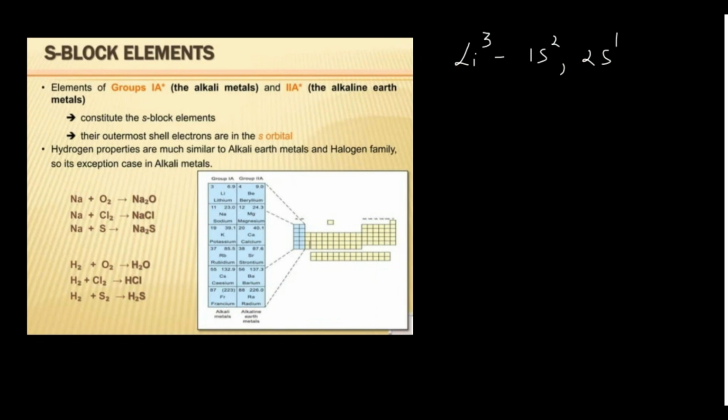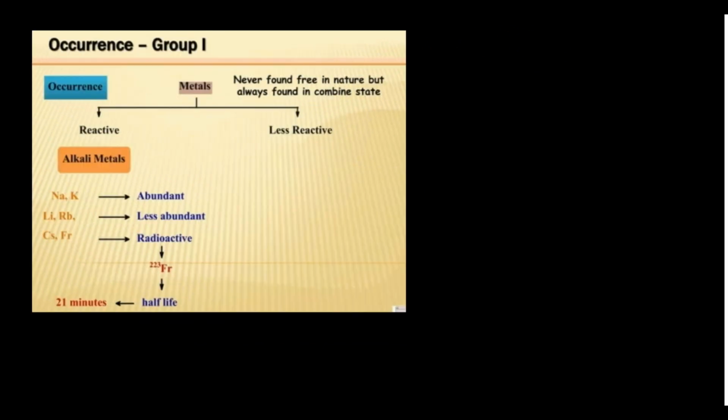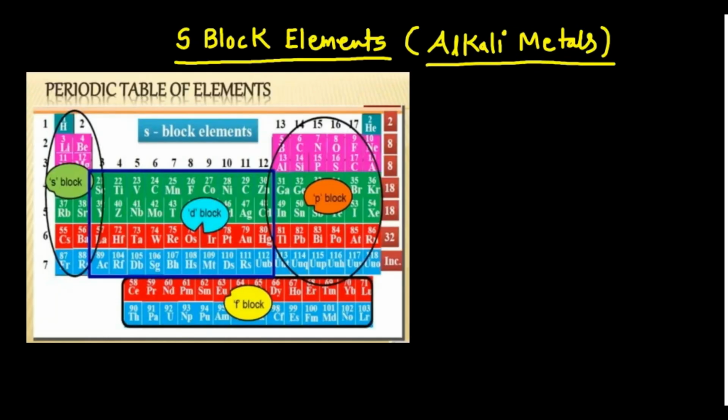Similarly, if I go back, at the right end you can see the P block elements. Here you can see 1, 2, 3, 4, 5, 6. So a total of 6 groups are there when you talk about the P block elements. And why is it so?